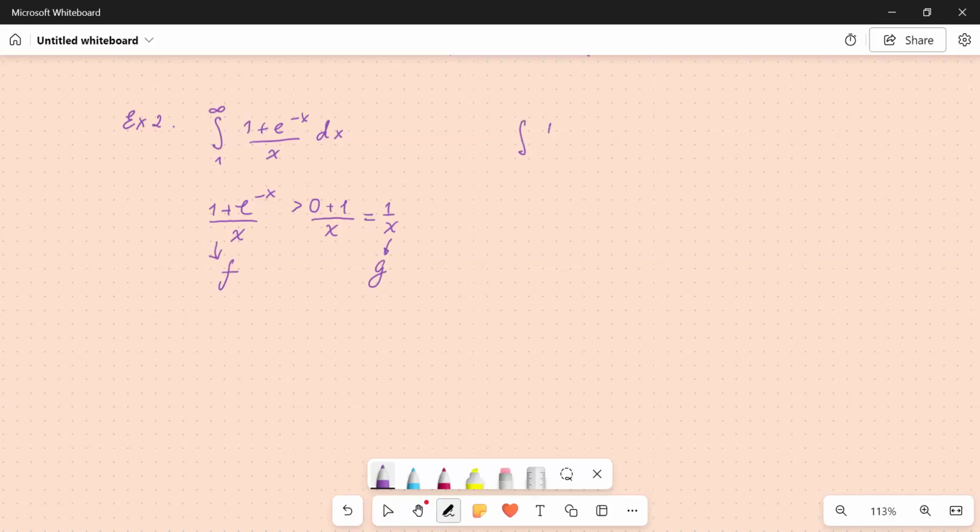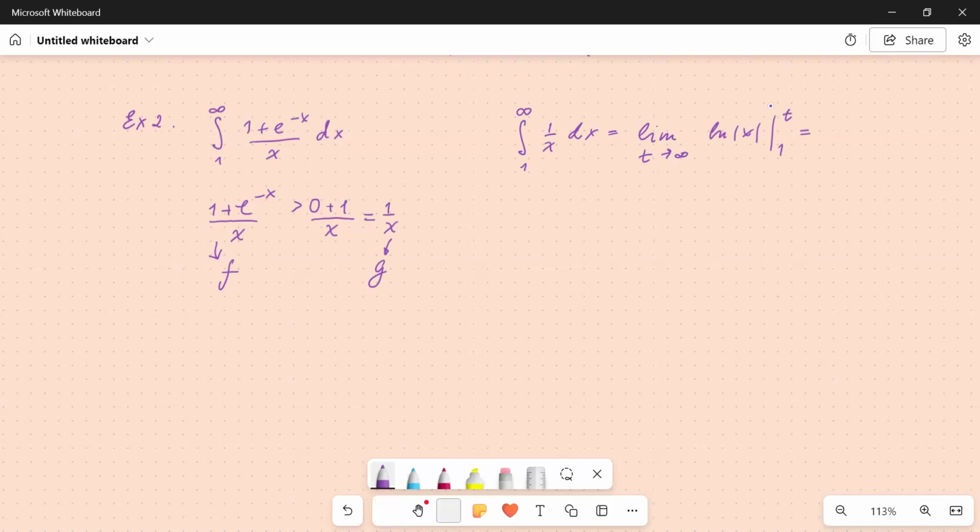I'm going to write down the integral of 1 over x dx from 1 to infinity. It is going to give us the limit as t approaches infinity, and 1 over x is going to give us ln of x, from 1 to t. Sorry, I put too many infinities.